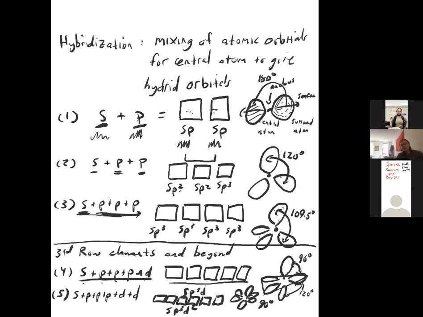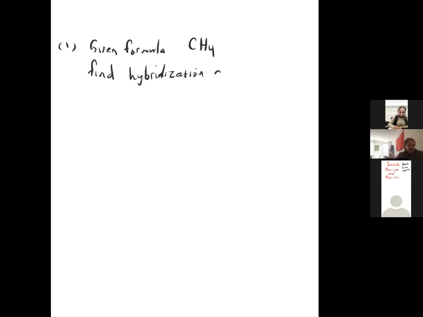How do you do the problems? How do we use all of this background theory to figure out how to solve problems? Essentially, what we do in this course is we ask very simple questions. So the first question is, given the formula, so if I give you the formula, you want to find the hybridization of the central atom.